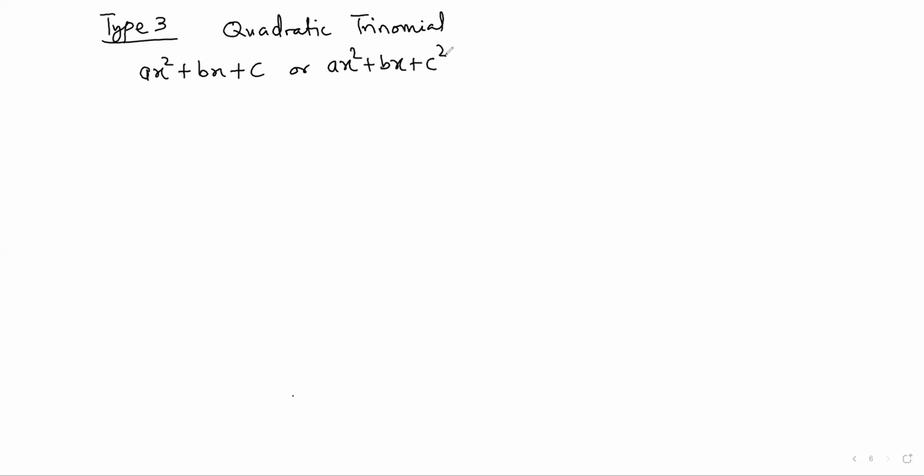To solve this, you need to find the product of a and c, and you write down the factor pairs of ac that sum to b. You need to rewrite the expression by replacing b with the factor pair obtained in the previous step. Then you factorize by grouping.